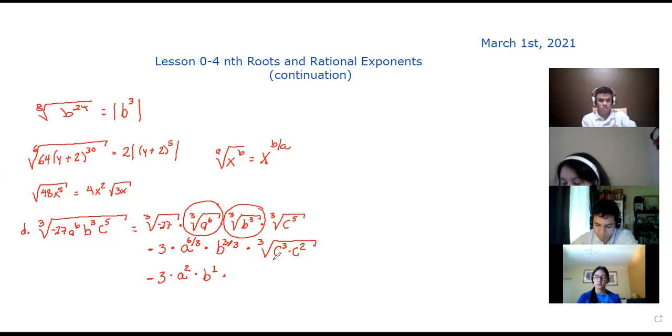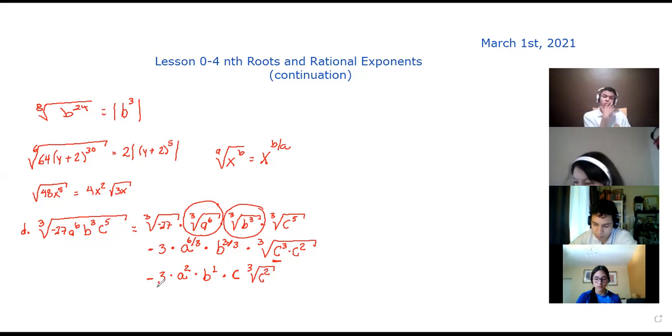So that means that I can take this c outside. But this little guy right here won't be able to leave the radical because the power is 2, not 3. So you will have to leave it inside the radical, c to the square.